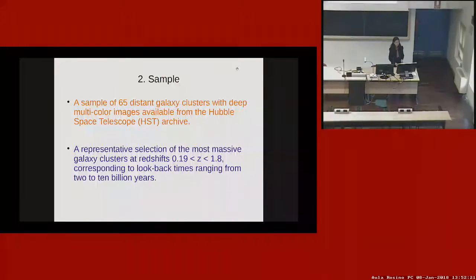In this way, they select a sample of 165 distant galaxy clusters from the Hubble Space Telescope archive. This selection represents the most massive galaxy clusters in the redshift range from 0.19 to 1.8, corresponding to a look-back time of 2 to 10 billion years.